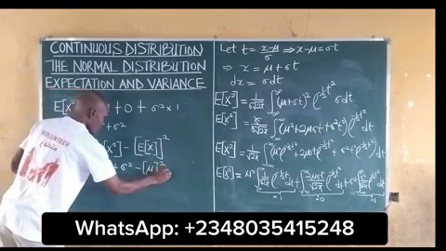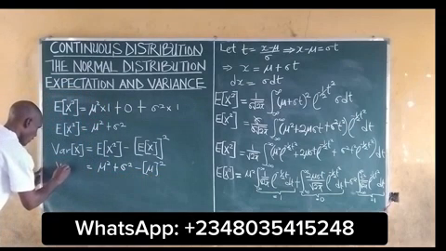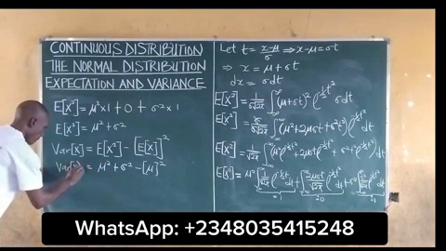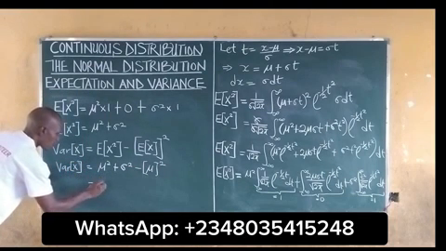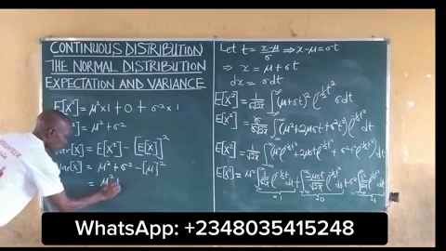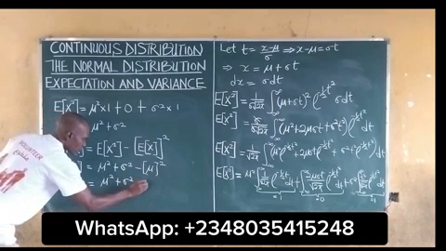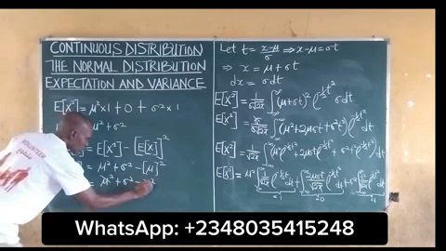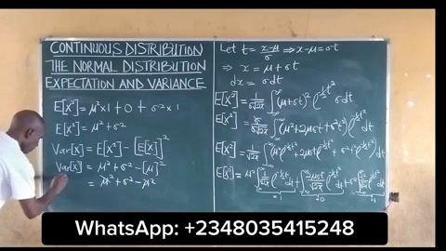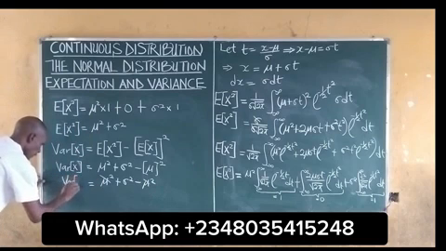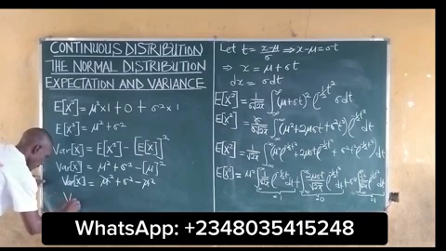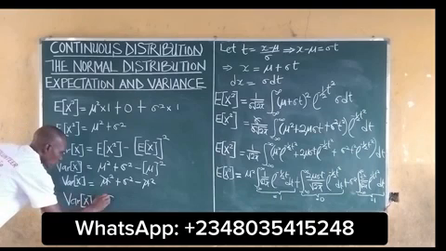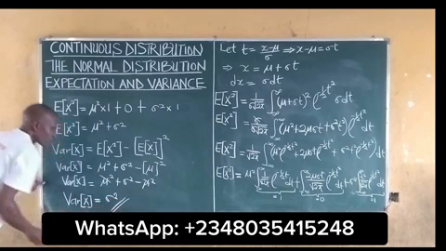So, of course, our variance of x will be equal to mu squared plus sigma squared minus mu squared. So this will cancel this. It then means that this is our variance of x. It then means that our variance of x is equal to sigma squared.